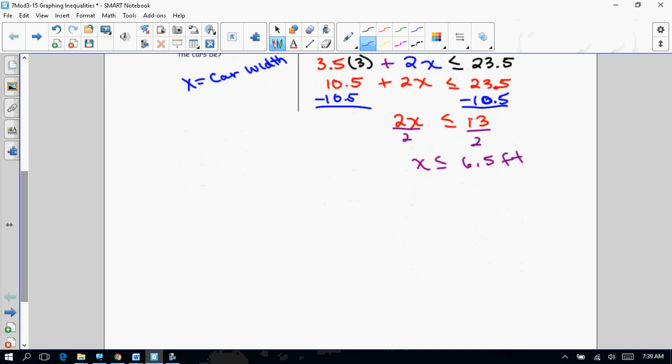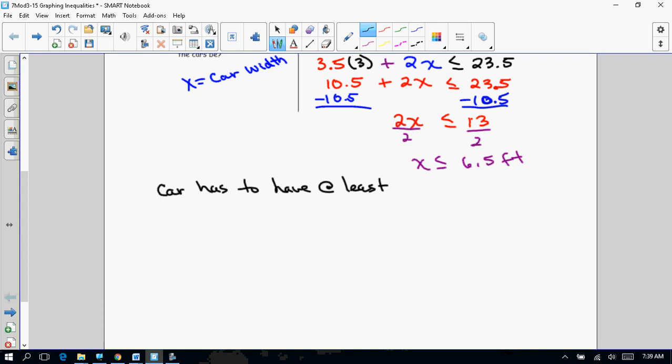Now let's talk about this a minute. We're making an assumption here that we need to kind of discuss and figure out. A car cannot be negative feet, right? It can't be negative width. So a car has to have at least a couple inches. I know that sounds really crazy to say.